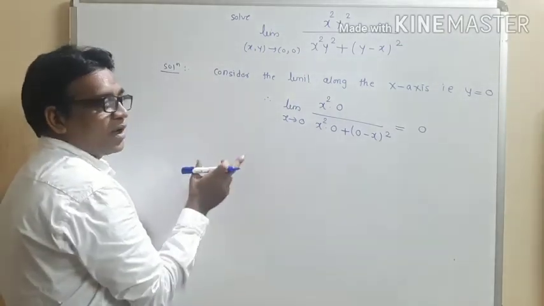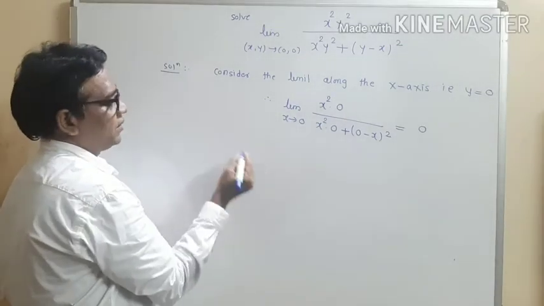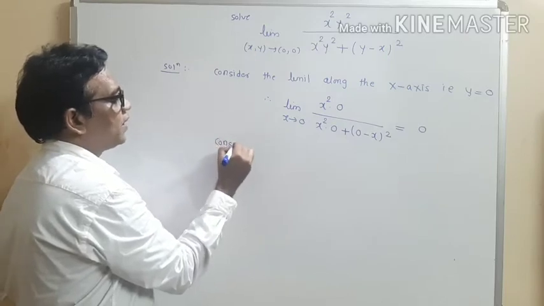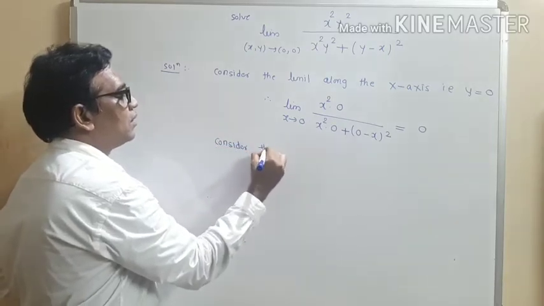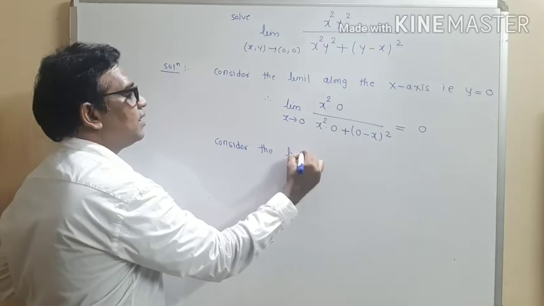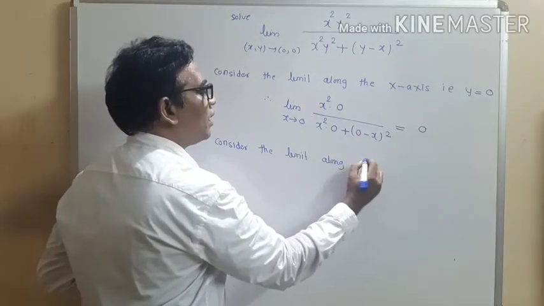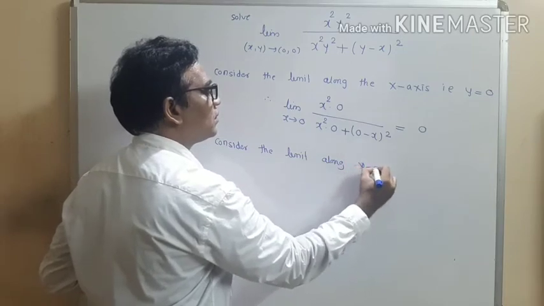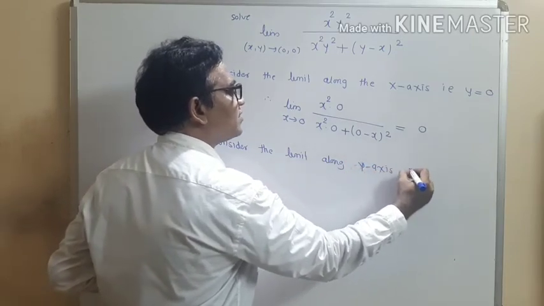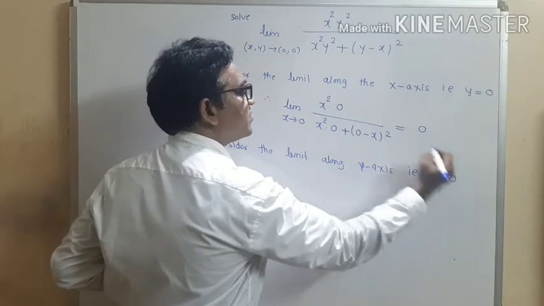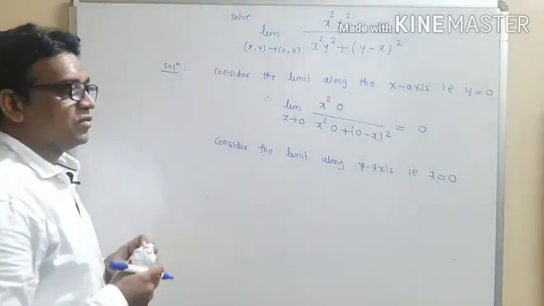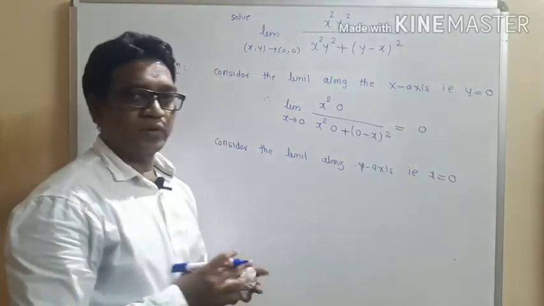Find out the next limit along some different path. So we choose this path. Consider the limit along y-axis, and the equation of y-axis is x equal to 0.